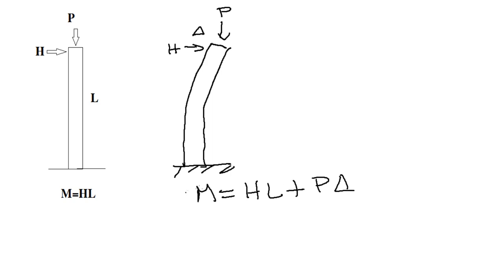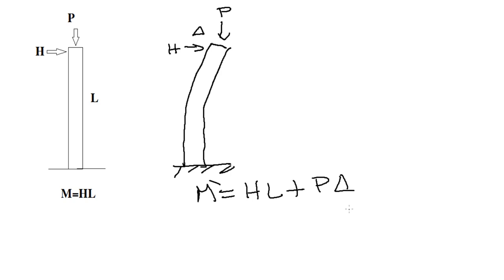Let's give it a name like M dash. Now, if you compare both situations, you could see that in the first one, the moment at the base was H times L, and this time the moment at the base has been expanded to H times L plus P times delta.